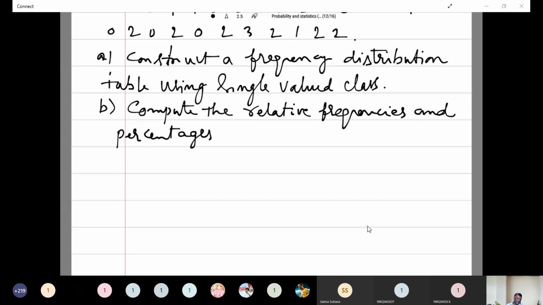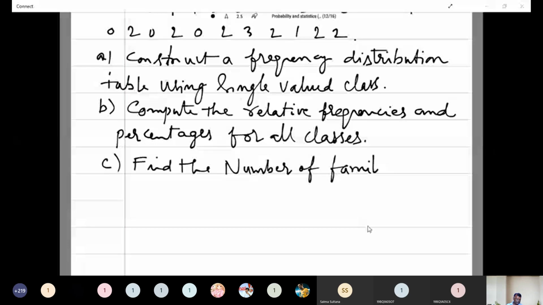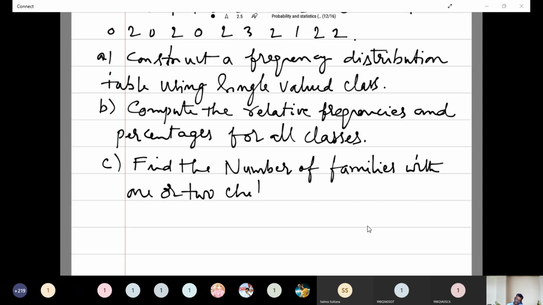C. Find the number of families with one or two children less than 18 years of age.